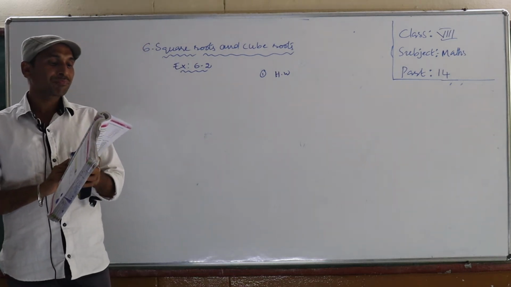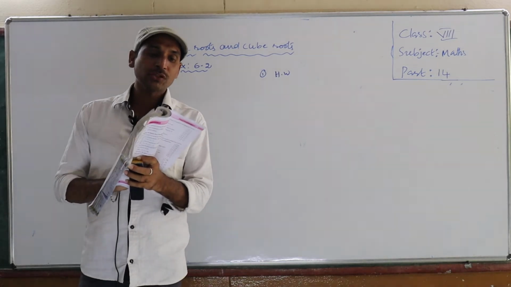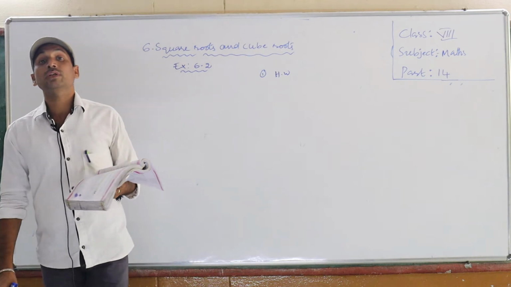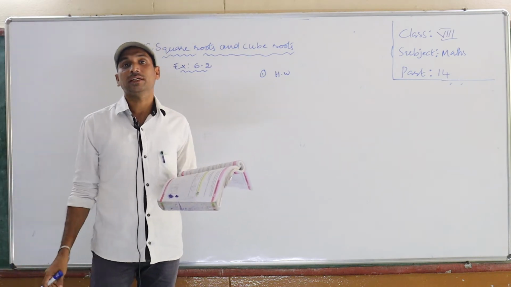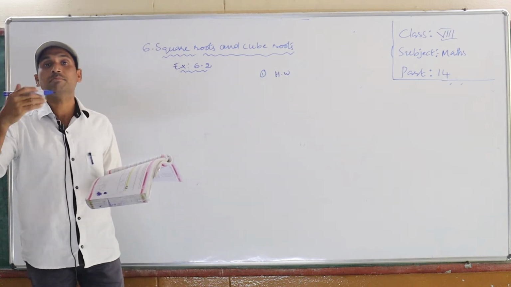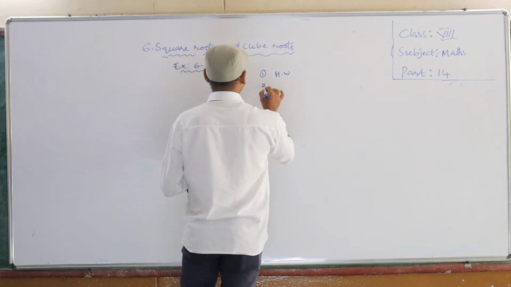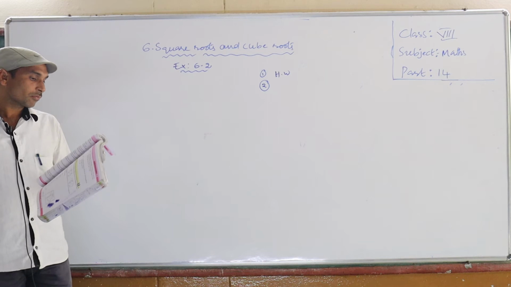Second one: find the smallest number by which 3645 must be multiplied to get a perfect square. So they have given the question up to perfect square, what number we should multiply. That you know, I told you an example. This also is homework.